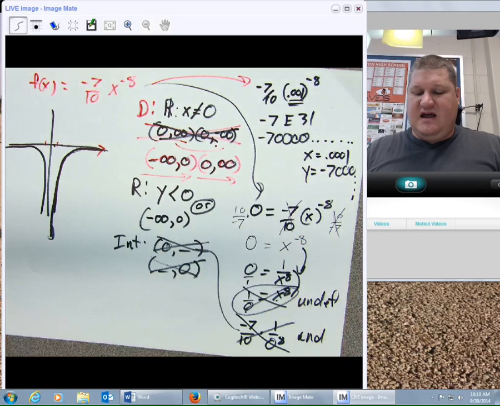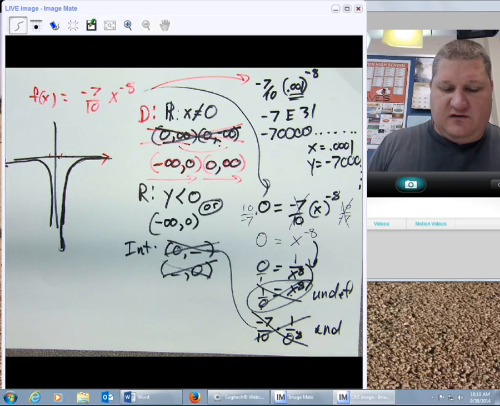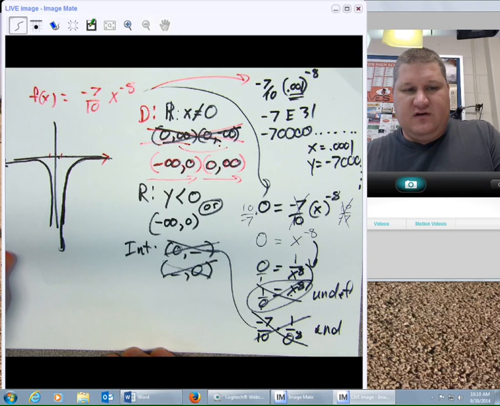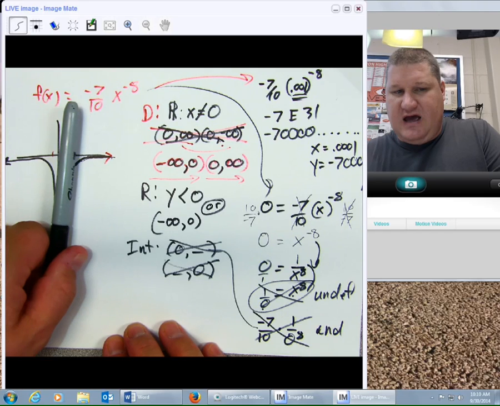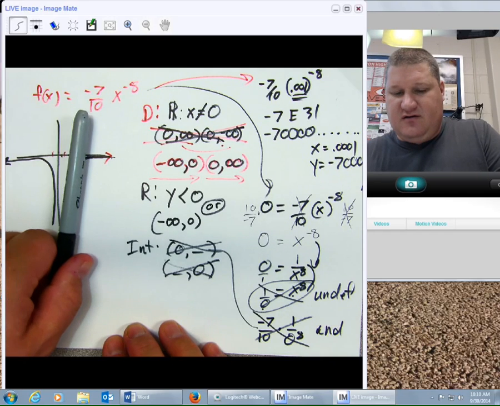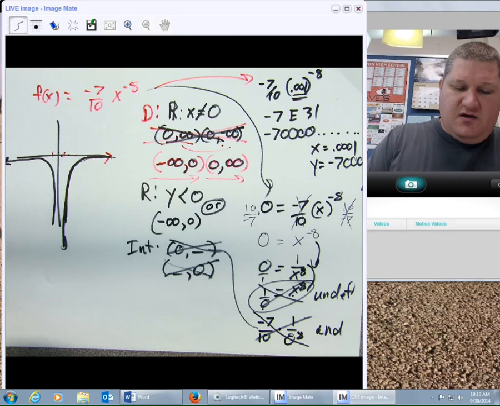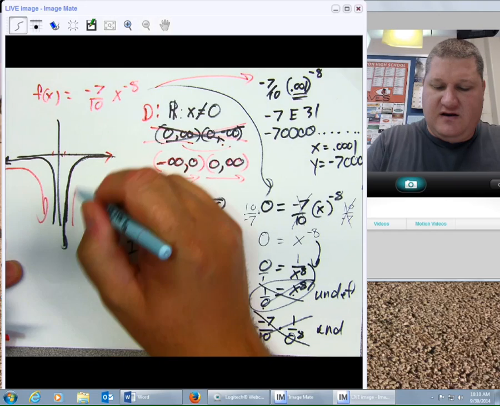So we have domain, we have range, we have intercepts. Now, let's talk about increasing or decreasing. With increasing or decreasing, I move from left to right. So as I come across my page, what's happening? Well, initially I'm going down, down, down, down, down. Then I end up going up, up, up, up, up. So from here to here is going down, from here to here is going up.